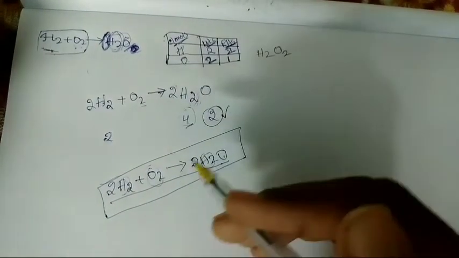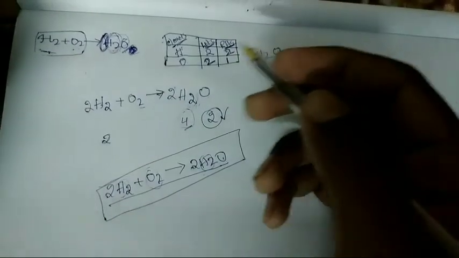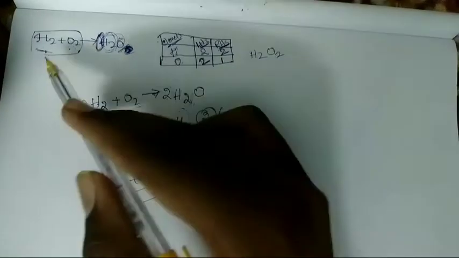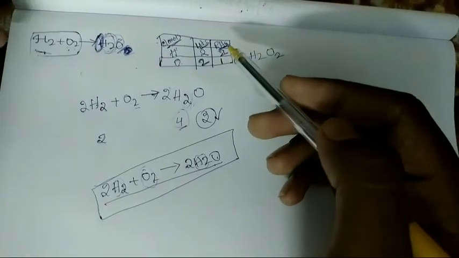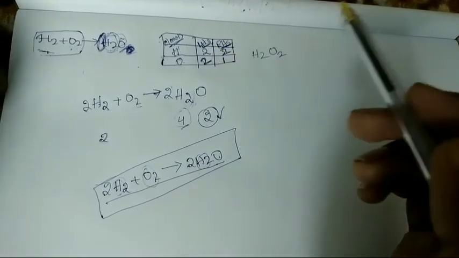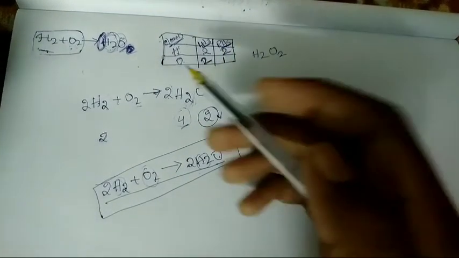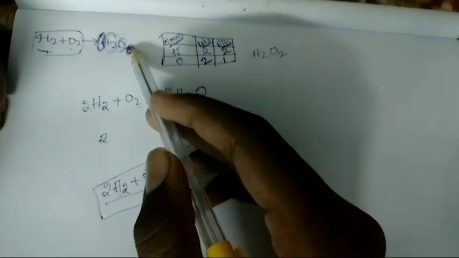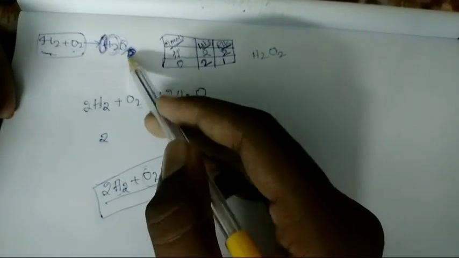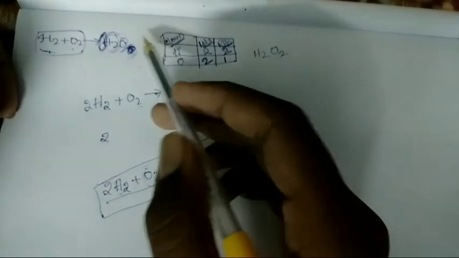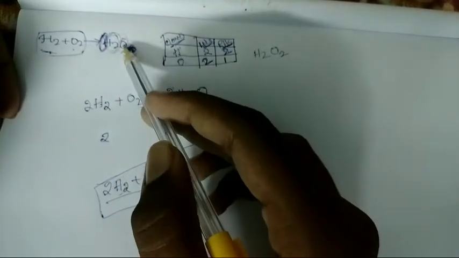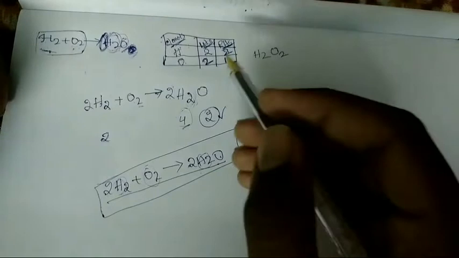See, let us recall what we had done here. First, we wrote what are the elements in the given equation and how many elements are in the left hand side and right hand side. We wrote in a tabular form, and we knew that we should not add anything on the downside, we should add only on the equal side of the hydrogen, oxygen, or elements like that.